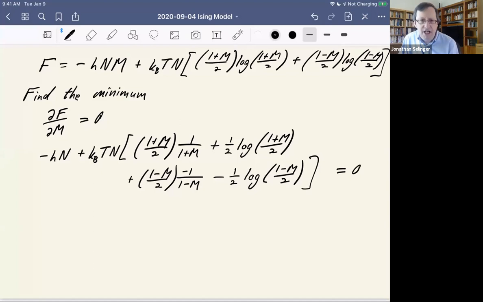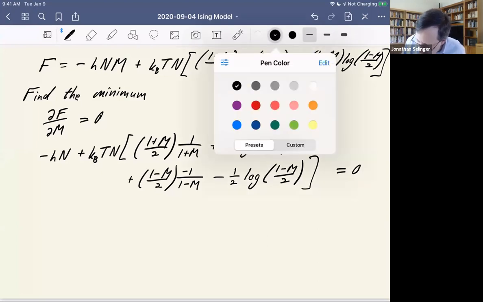So this stuff all has to equal 0, right? And hopefully I'm doing the calculus right and I'm not going to embarrass myself, but you never know.